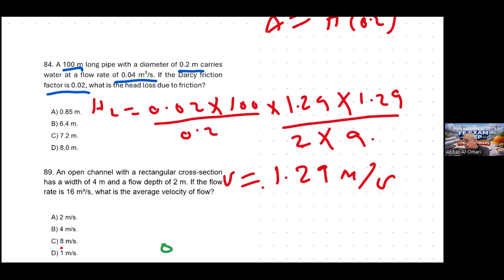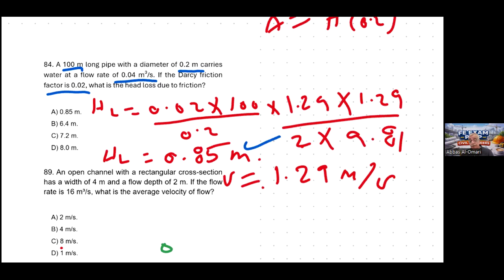If you do the calculation, you will get head loss equals 0.85 meter. So this is the solution. Again, this is a straightforward problem. You only need to apply the Darcy-Weisbach head loss formula, and you should always be careful about the units.